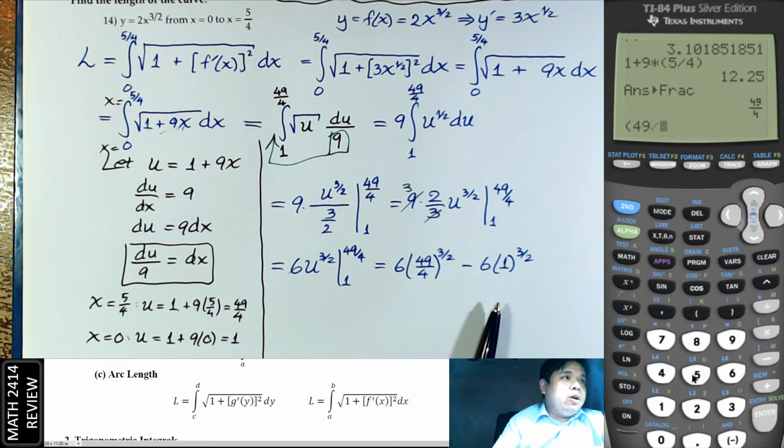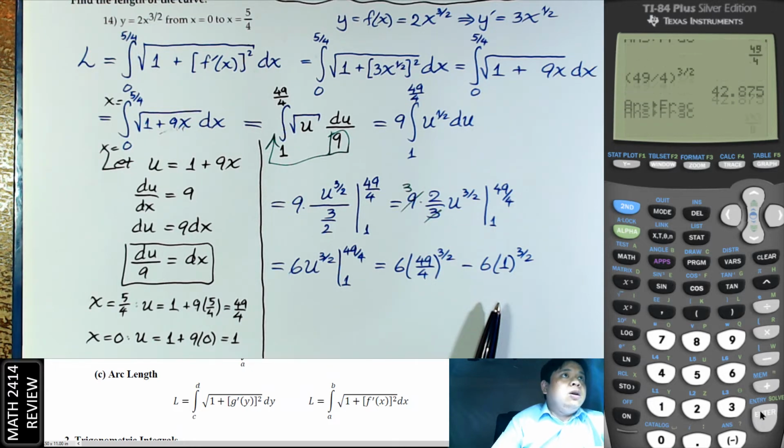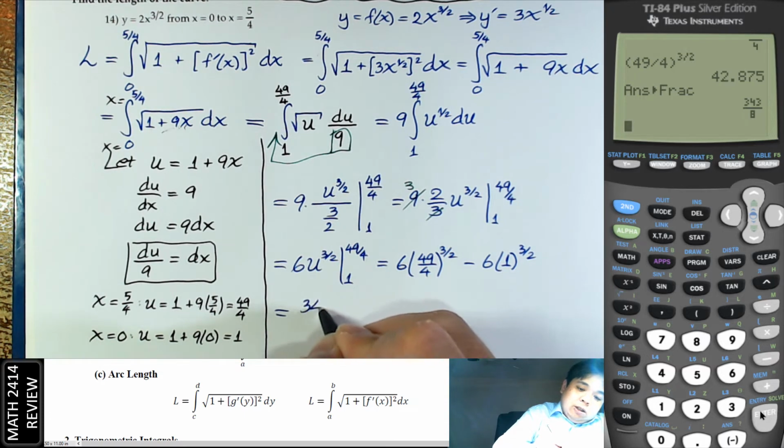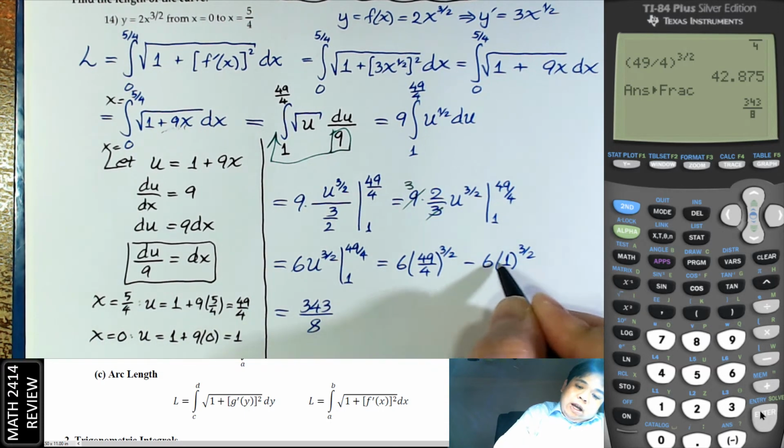49 over 4 to the 3/2 is 343 over 8. And then just minus 6.